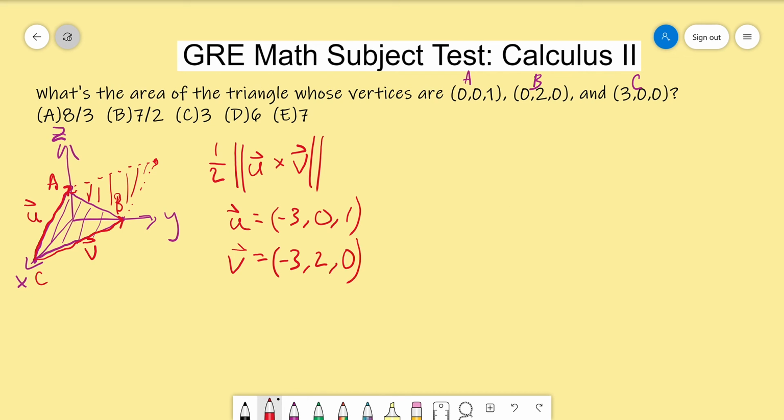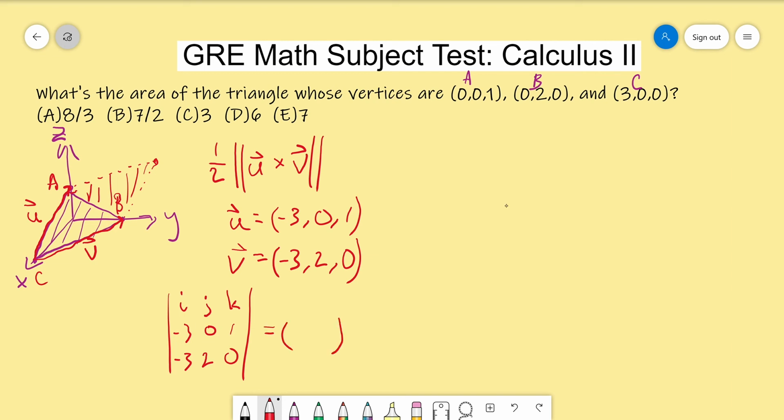Now remember, in order to find the cross product, we have to make a determinant, where the first row is I, J, K. The second row is one of the vectors, negative 3, 0, 1, and the third row is the second vector, so negative 3, 2, 0. Okay, so what's this determinant going to be?